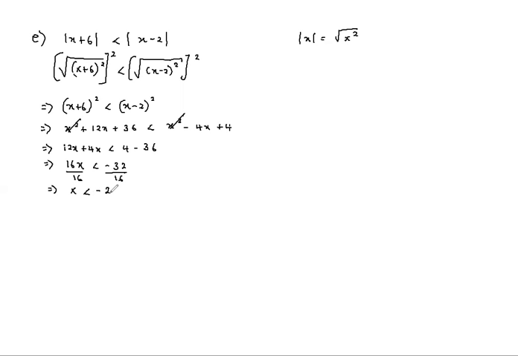So it must be making sense. If that is the case, can we try 0, the easiest, and see if our interval here is wrong? So I'll try 0 plus 6 must be less than 0 minus 2. This will be 6 less than 2, which is not true. So the interval is telling us something which is right, because it's saying that the only values of x that satisfy that inequality are the values which are less than negative 2.